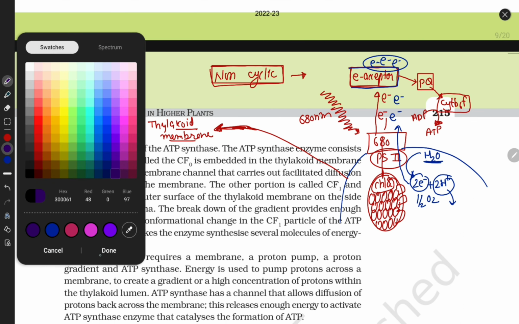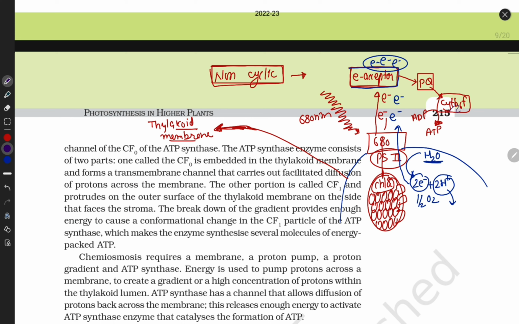Inorganic phosphate is also involved. After cytochrome b6f, the electrons pass towards plastocyanin. Now plastocyanin passes its electrons towards P700. So it gets the electrons, and it also gets some light.